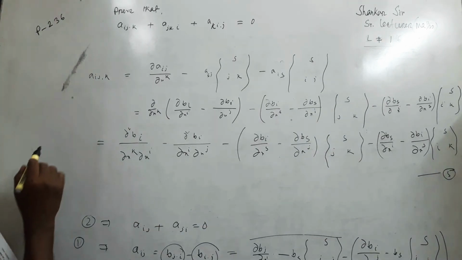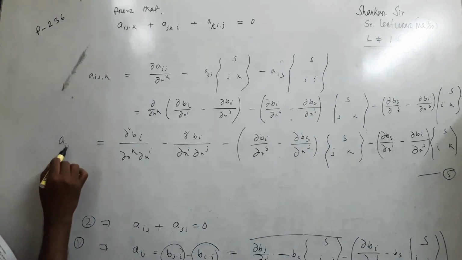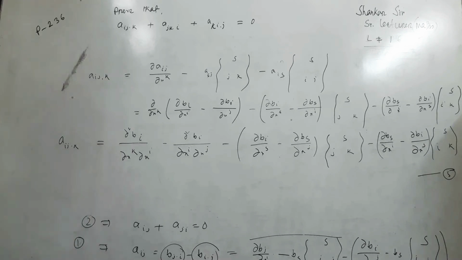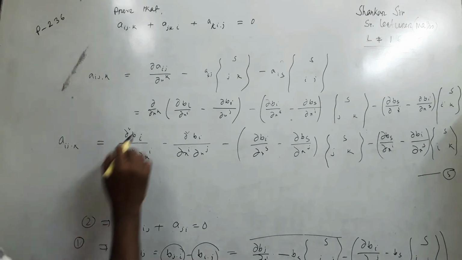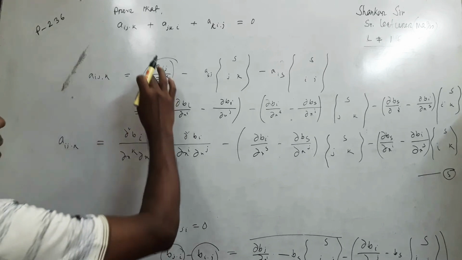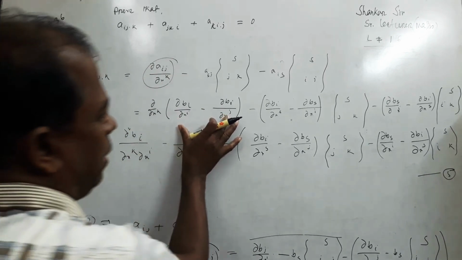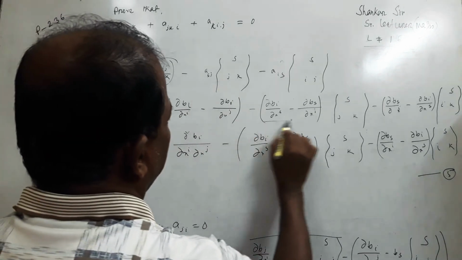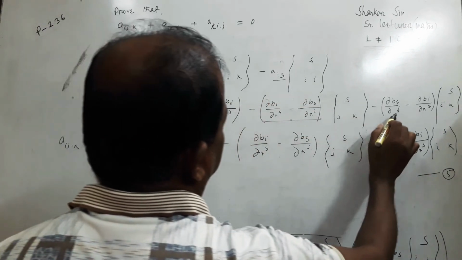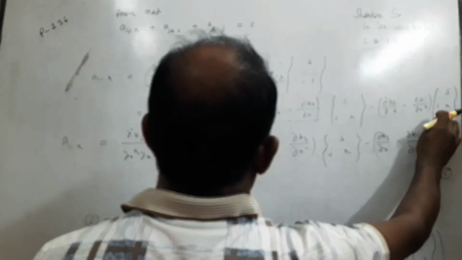Similarly, aij,k is aij del by del xk. Aij value this and aij value this, and as value this and this.